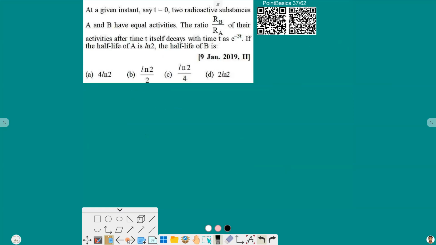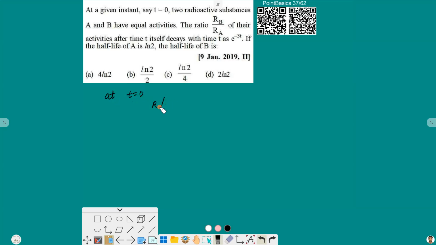In the next one, at a given instant at t equal to 0, two radioactive substances have equal activities. The ratio of their activities after time t decays with time as e raised to power minus 3t. If half-life of A is ln 2, half-life of B we have to find out. So at t equal to 0, activities are equal.